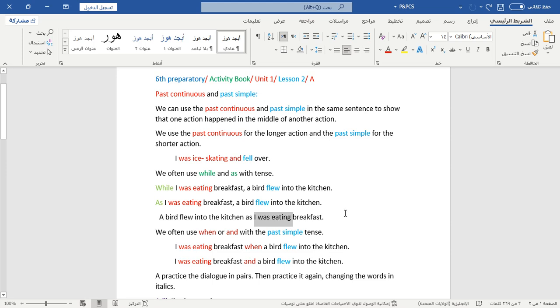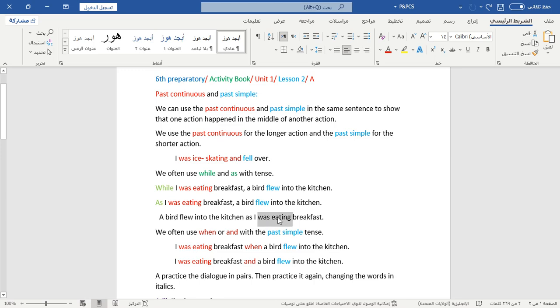And when we write as in the middle, of course the first part before as should be in the past simple, a bird flew. But which action happened first? It is still in the past continuous, as we see here. It's the second part in form, but actually it happened first.